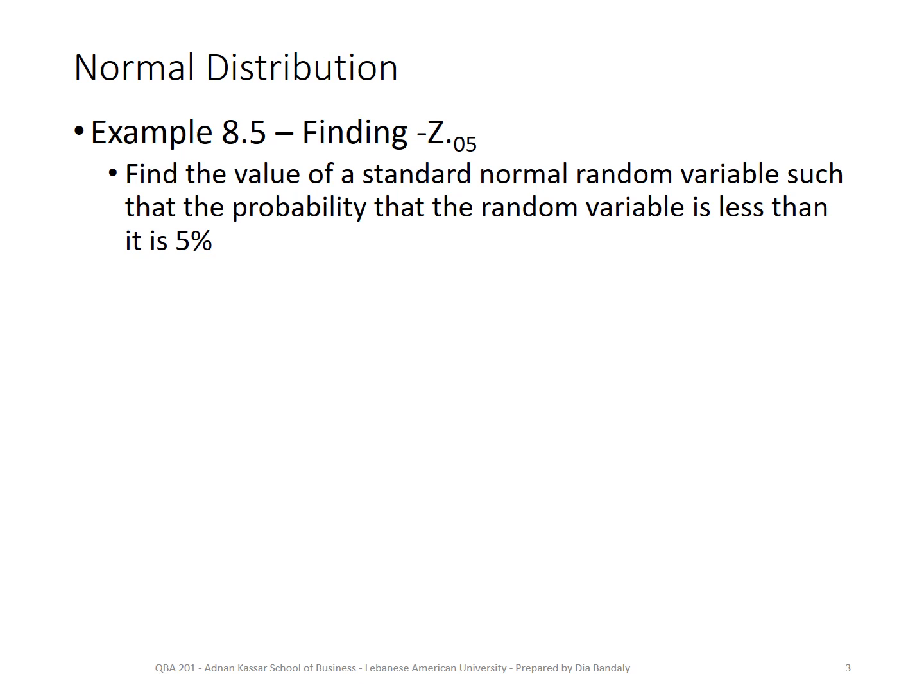In this question, you see, the title is find minus Z 0.05. And what's Z 0.05 itself? It's the Z value such that the area on the right hand side is 0.05, which means if I want to find minus Z 0.05, this is a Z value such that the area on the left hand side is 5%.